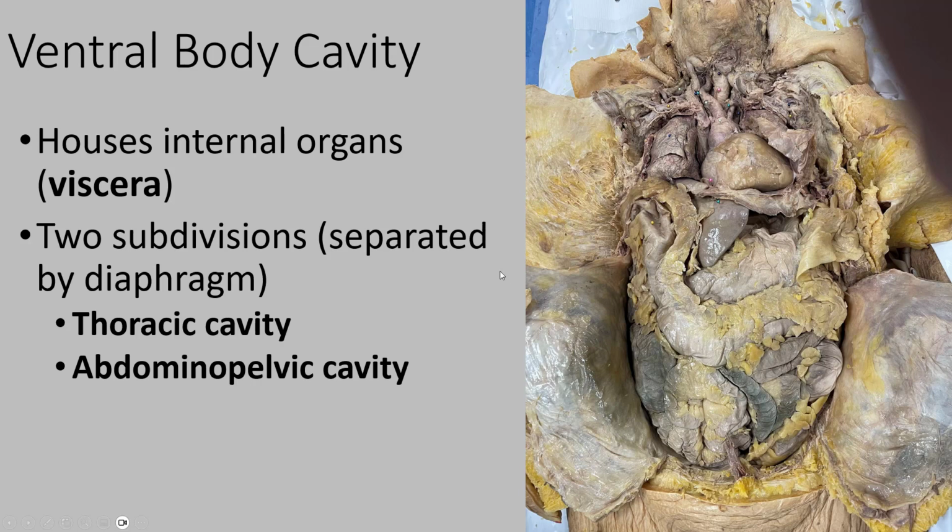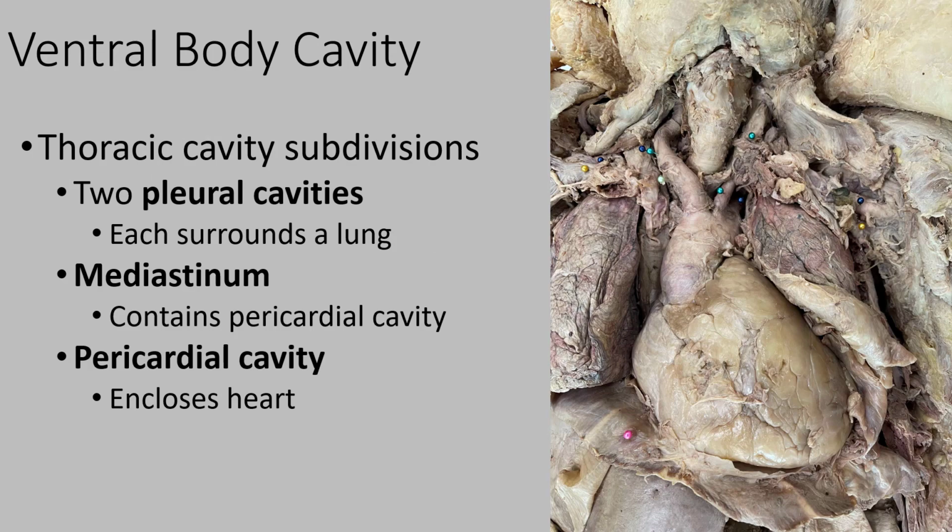But not only is the ventral body cavity broken into thoracic and abdominopelvic, both the thoracic and the abdominopelvic cavity are further divided. So they also have smaller cavities within them. Let's look at the thoracic cavity, the chest.